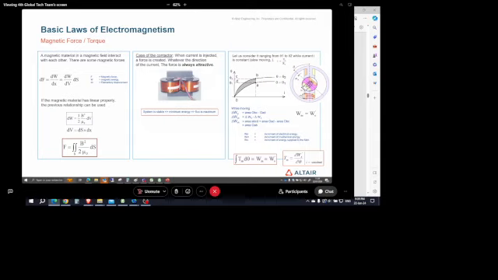Because once again, the magnetic force is due to the magnetic energy variation, and it's always attractive. Whereas the Laplace force or Lorentz force, sorry, is depending on the orientation of the current actually. So this is something we have to keep in mind when we deal with the magnetic forces.